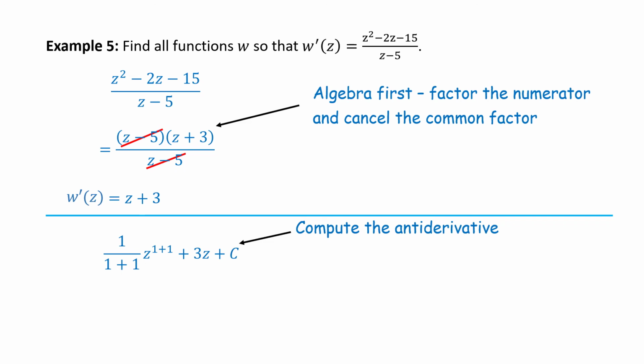We annex the z, and don't forget the plus c. Let's do a quick round of arithmetic, and so we'll write 1 divided by 1 plus 1 is 1/2. 1/2 z to the power 2 plus 3 times z plus c. And that's our w of z.